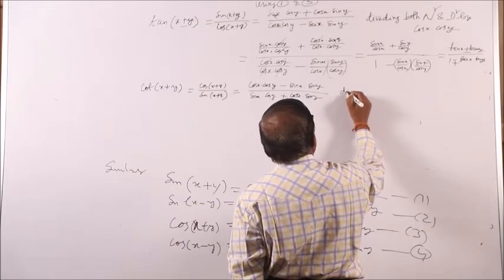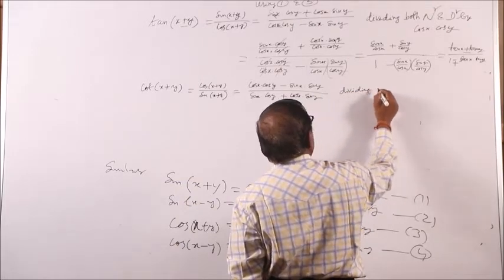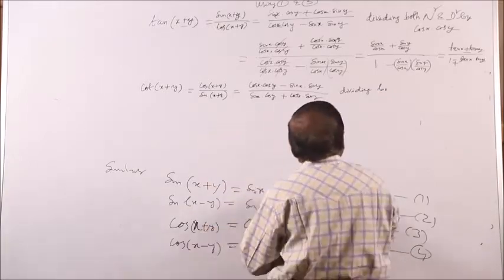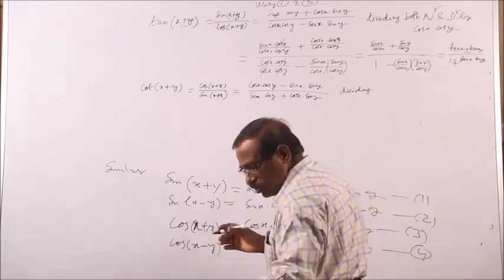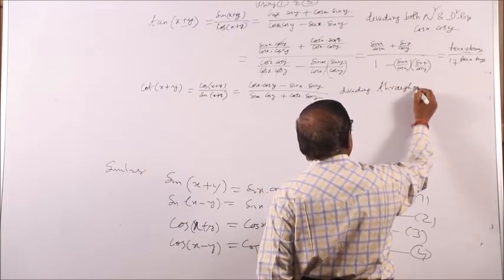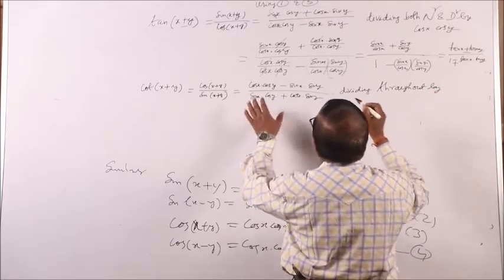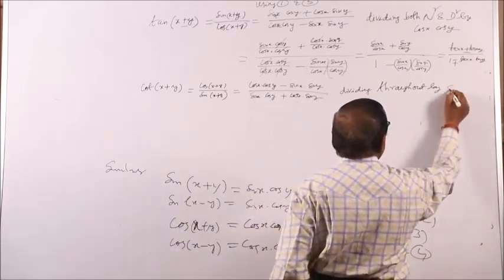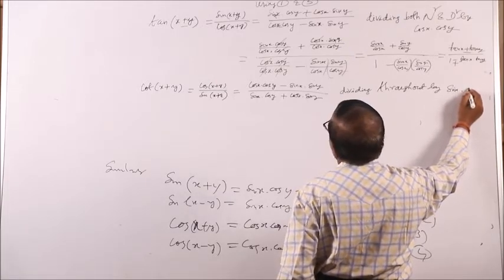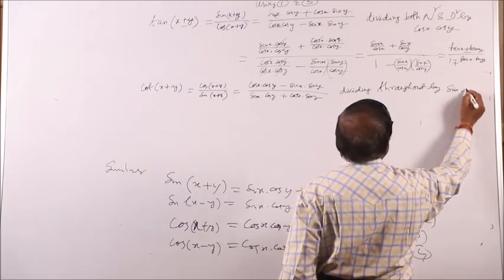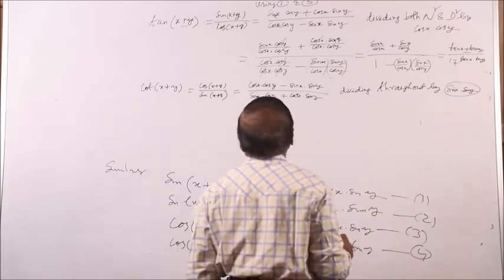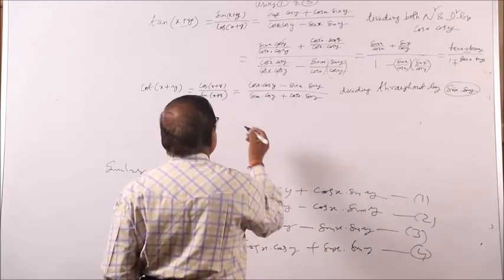Here, dividing both, or throughout, we can write. Why do we divide both numerator and denominator? It will make it easier further on. Dividing throughout by this term, you see this plays a vital role, sin x into sin y. What will happen here?